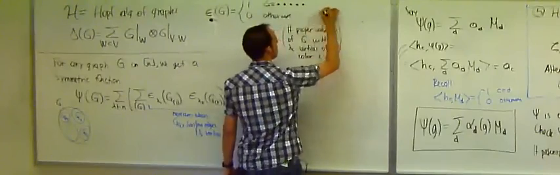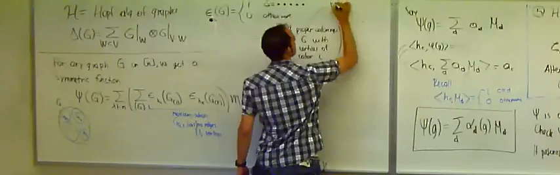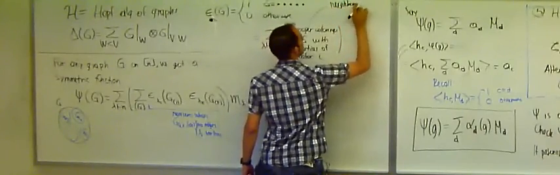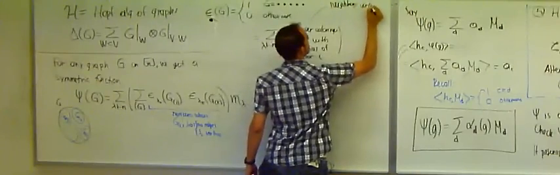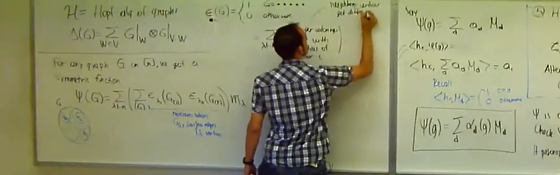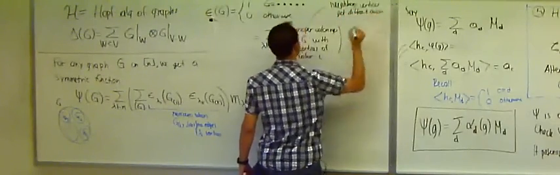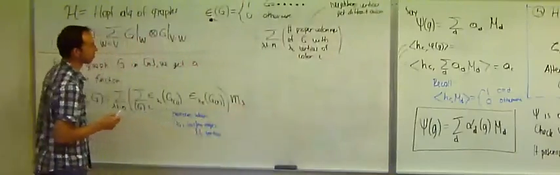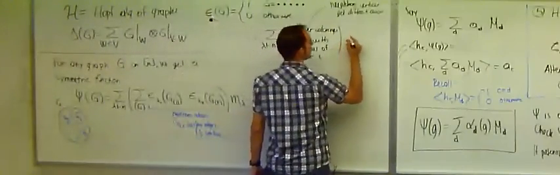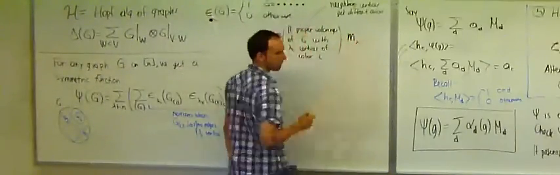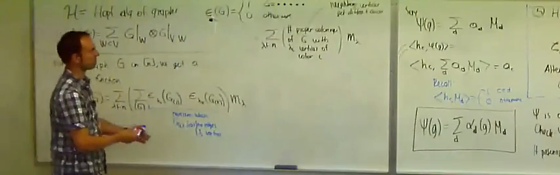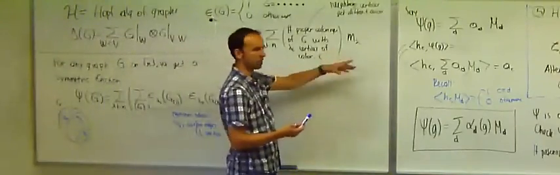And proper means that neighbor vertices get different colors. Okay? And M lambda is just putting together a bunch of monomials with all the different values of the x i's.